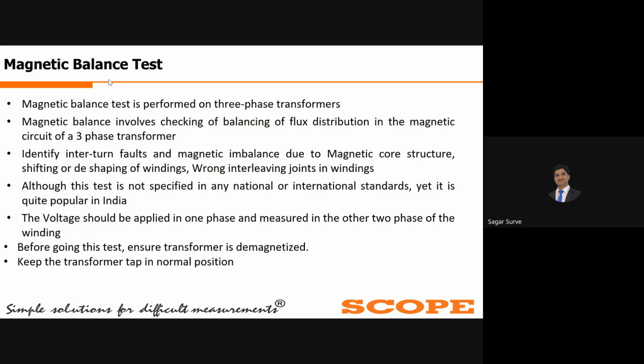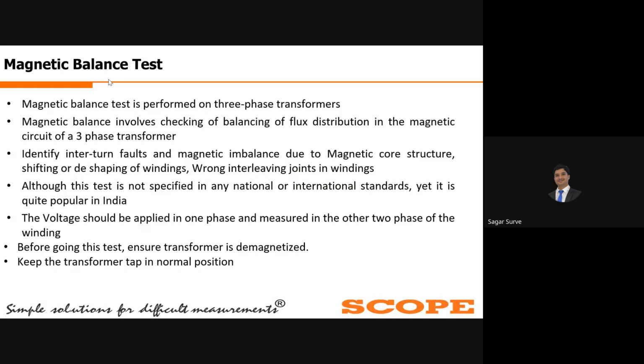Now the magnetic balance test. Coming towards the magnetic balance test, first of all, it is performed on a three-phase transformer. It involves checking the balancing of the flux distribution. Basically, the magnetic balance test is not recommended by any standards, IEC standards or IEEE standards.